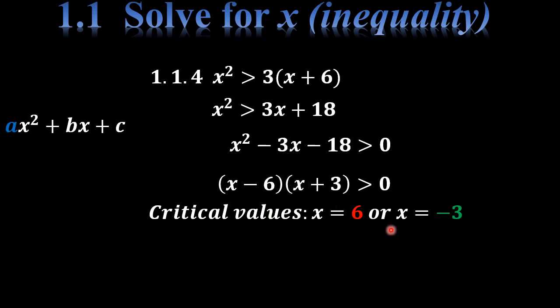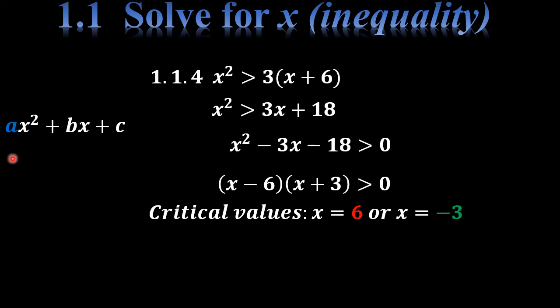But before you draw your number line, you must make sure that you check your quadratic expression. Your quadratic expression will be in the form ax squared plus bx plus c. Why should we check? Because we need to know whether our parabolic graph, which is going to help us, is going to be a smiley face with a minimum turning point, or is going to have a maximum turning point.